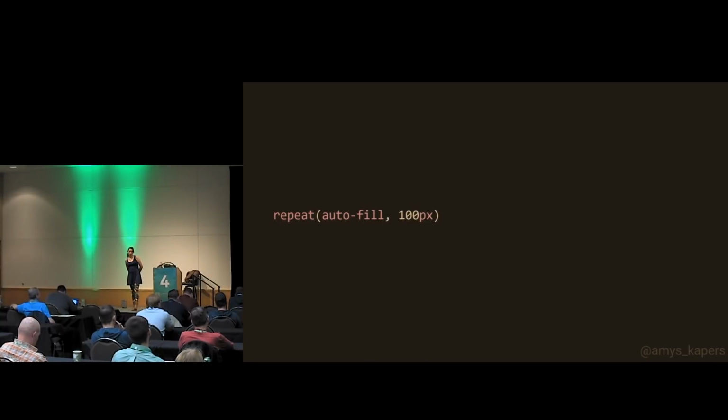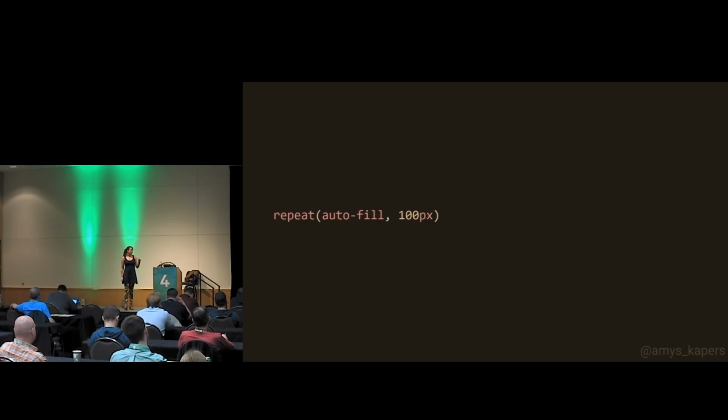Now, autofill says, so again, we know repeat is how many times what size. We can see that I want them to be 100 pixels wide. Autofill says I want you to fit in as many as you can fit. Work out how wide my element is, make each of the child elements 100 pixels wide, and just put in as many as you can.